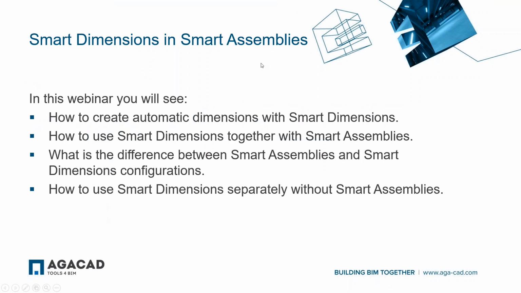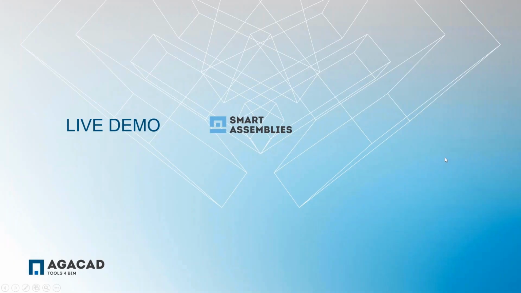It's about the new dimension rules which are available from June of 2018. I will show you how to dimension with smart dimensions, how to dimension with smart assemblies, how to combine both of them, and how to use smart dimensions separately from smart assemblies.